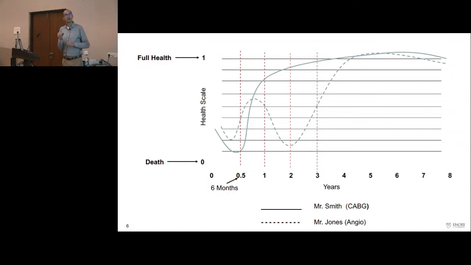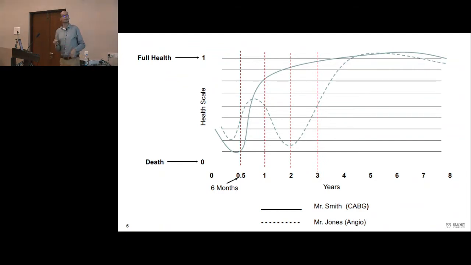But then the quality will improve substantially and pretty much stay there. The point here is that if you looked only at survival, life years gained, both of them lived at least 8 years, then we stopped following them. So there is no difference in survival or in mortality.